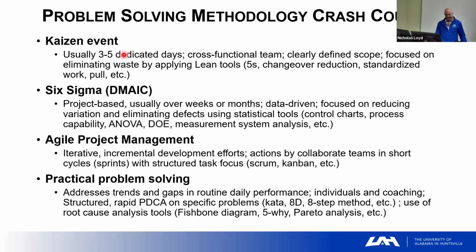And then agile project management, like I said, is another form of iterative, incremental development efforts, stopping and addressing issues as they pop up in their sprints. And sometimes for smaller problems, practical problem solving, one-on-one approaches may be effective. So I'm not expecting you to become experts on all these different ones.